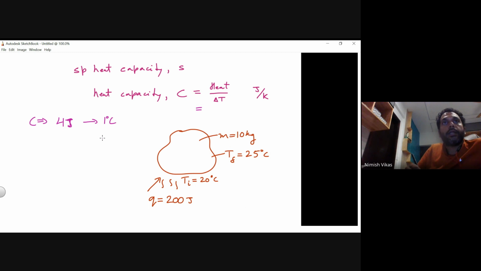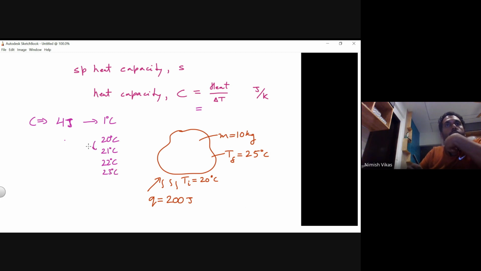So it was 20 degrees Celsius. On providing 4 joules, it will become how much? 21 degrees Celsius, right? On providing 4 more joules, it will become 22 degrees Celsius.